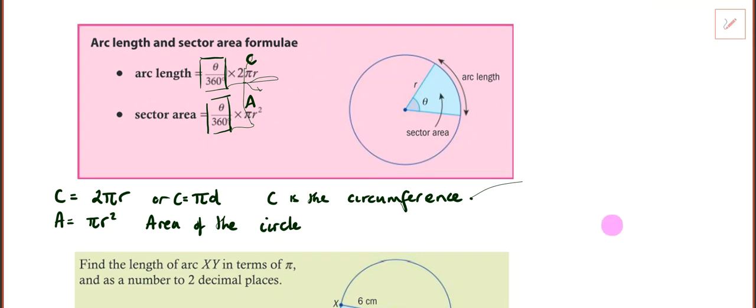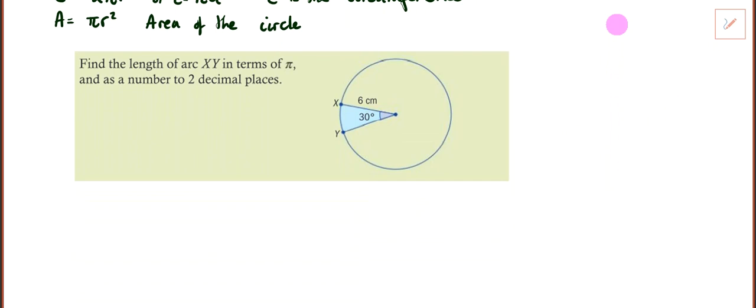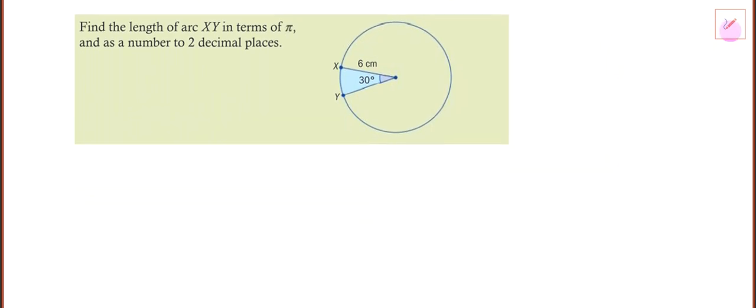All right. Let's have a look at the first example. We're going to write down: find the length of the arc xy in terms of pi. Now, if Steph was in the room, he'd have something to say about this question, because what does it not specify?